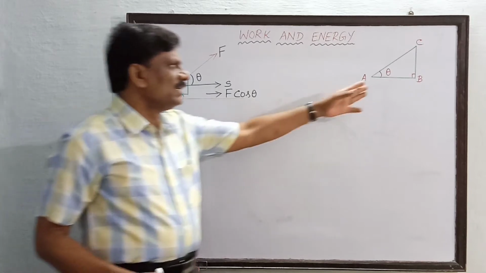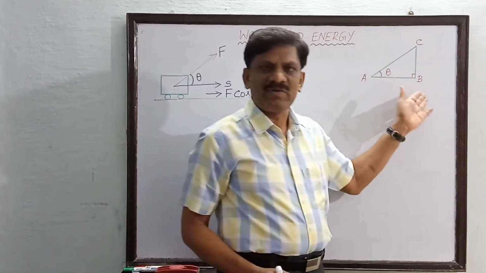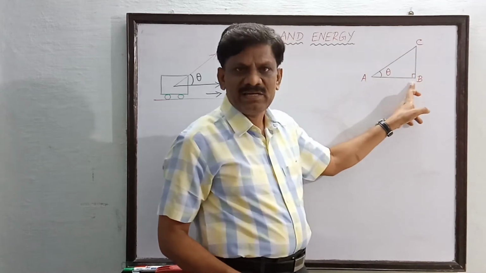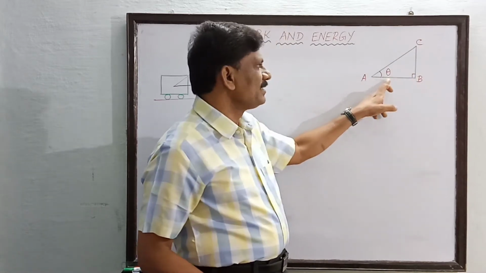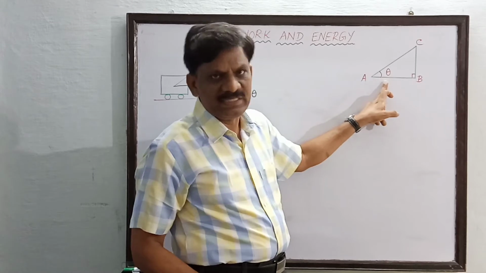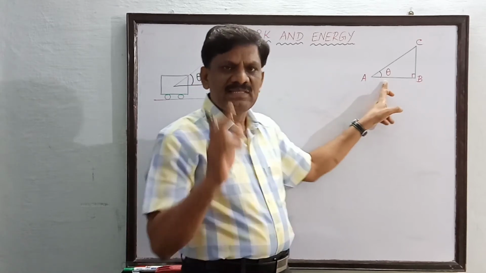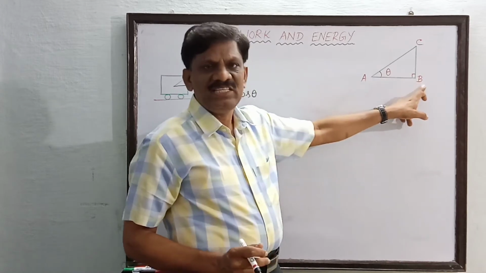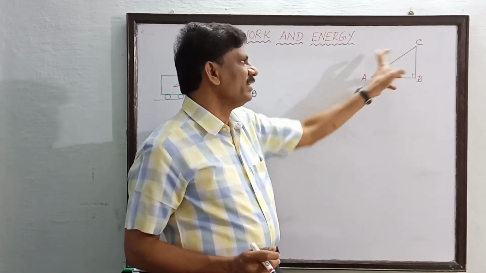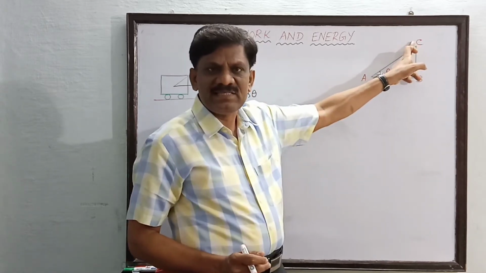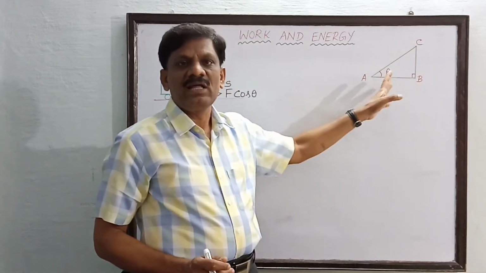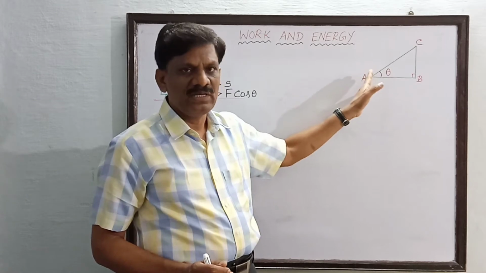For that I am going to take this right angled triangle ABC. B is the right angle here and angle A is an acute angle that is equal to theta. Any side which is opposite to this right angle, in this example AC, is called the hypotenuse.